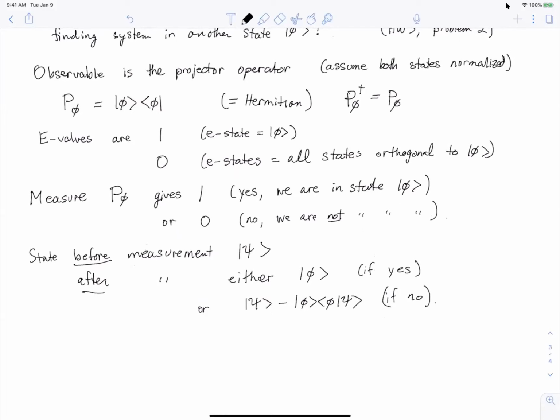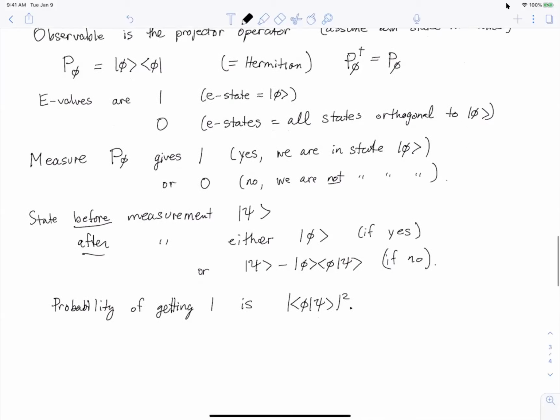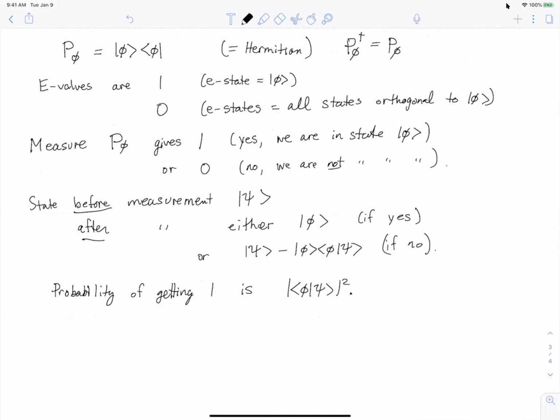Okay. And so the probability of getting 1 is nothing other than phi psi squared. Okay, and that's assuming again that these things are normalized to begin with.